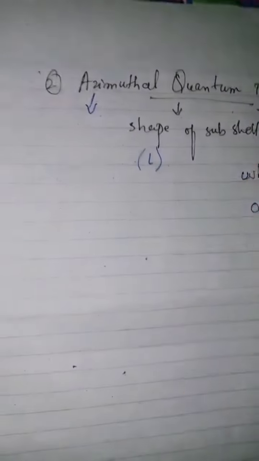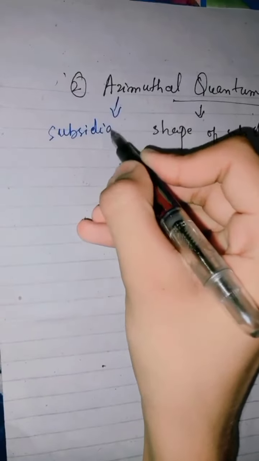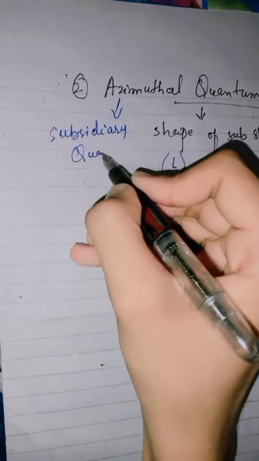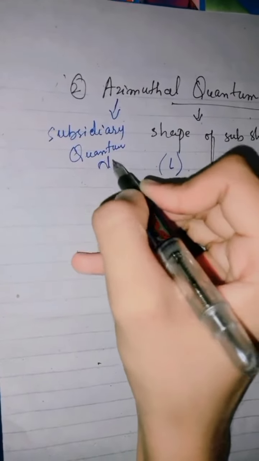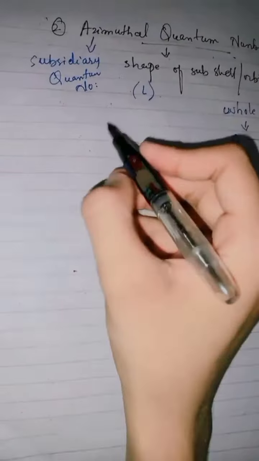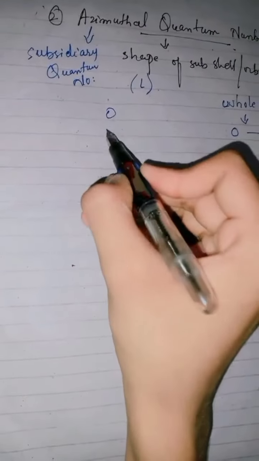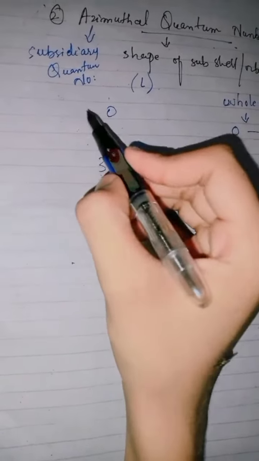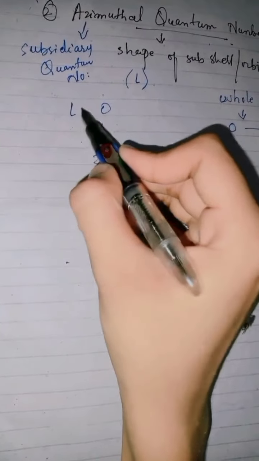Azimuthal quantum number is also known as subsidiary quantum number. We have the values 0, 1, 2, 3, denoted by l.